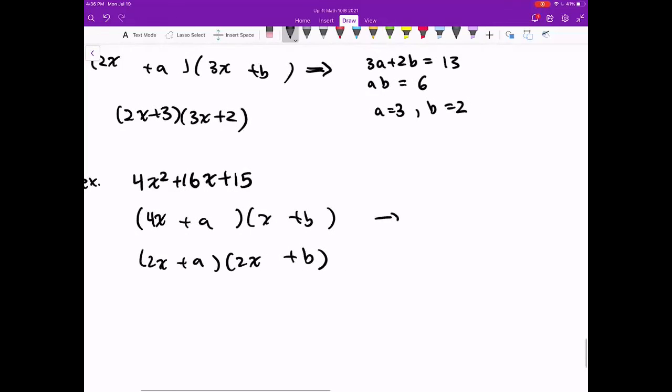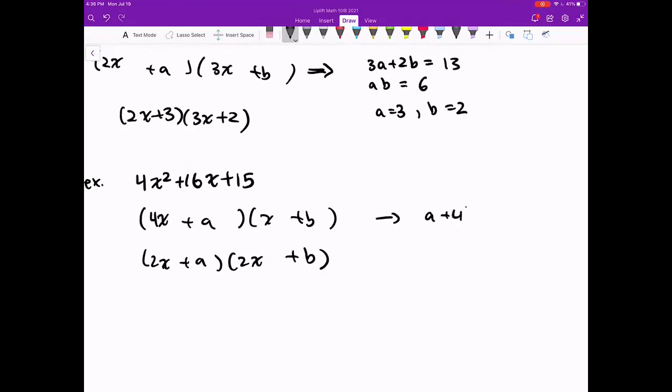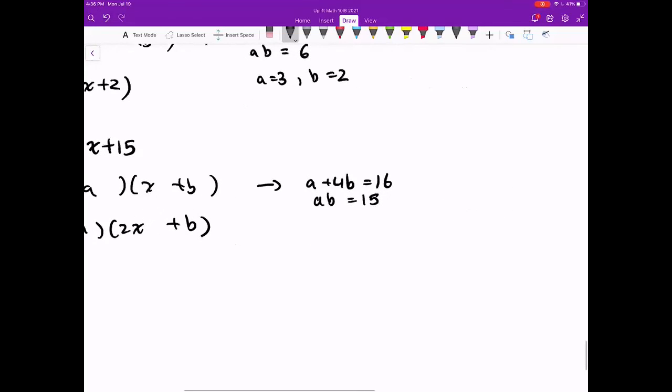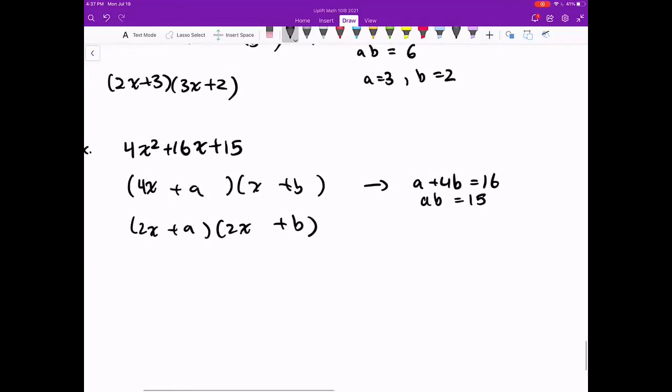In this case, we have 4b, a plus 4b is equal to 16, and a times b is 15. Are there any solutions? I don't think so. So there are no solutions to this form.